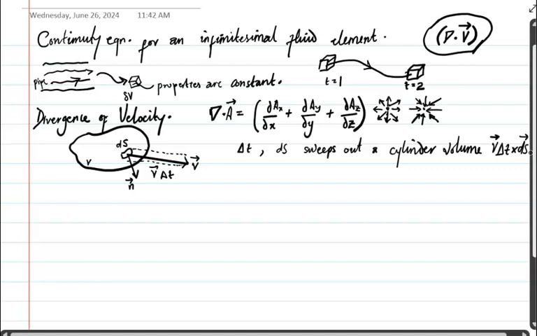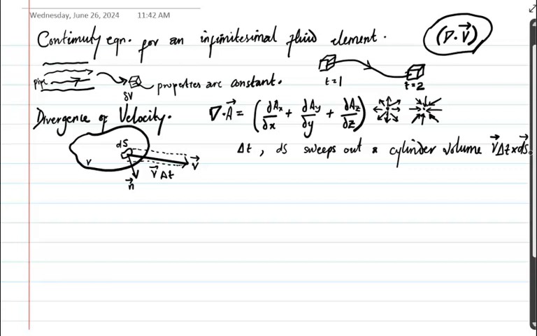The volume swept out is the perpendicular height times the area, so we have to see that v and dS, as vectors, have to be lined up parallel to each other to actually think of a volume. In essence, the volume of such a cylinder is the dot product: v delta t dot dS.